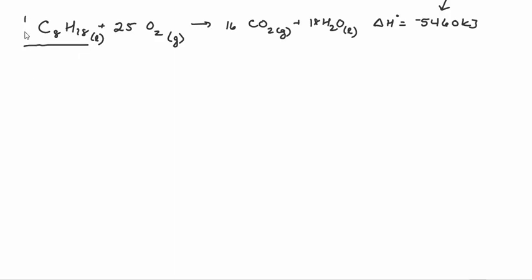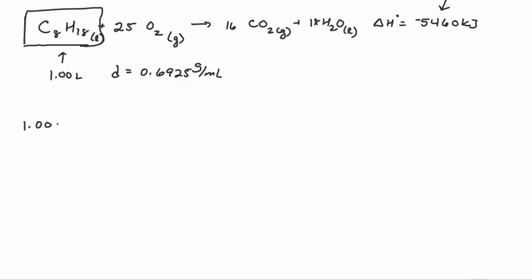So what is the heat produced by burning 1 liter of gasoline, which we're going to call octane? The density is 0.6925 grams per milliliter. And we're going to assume that gasoline is this C8H18. So we're going to start with our volume, our 1.00 liter of gasoline.